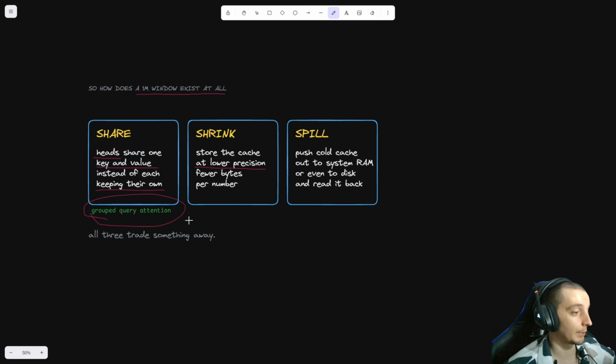For example, instead of 16-bit floating point number representation, we can use just 8 bits to write those numbers. And the third approach is to spill the cold cache, the least recently used cache, to system RAM or even to disk. And of course, all three of these approaches cost you something.